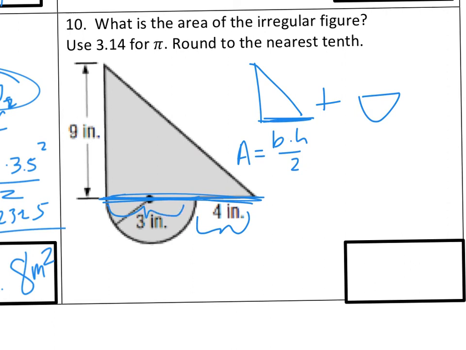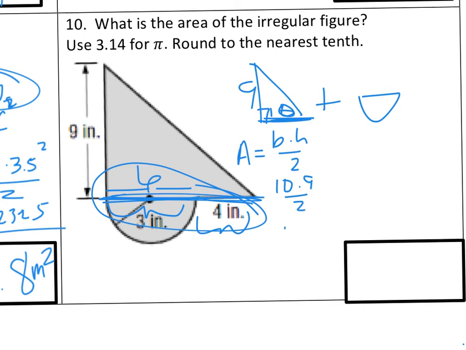Well, it looks like it's a radius of 3, so 3 there, 3 there, that's 6. So 6 plus 4, the whole thing's going to be 10. So this base is 10. That's a 10. And then the side is 9. So here's your base and your height. So I'm going to do 10 times 9 divided by 2, and that's going to be 45 actually.